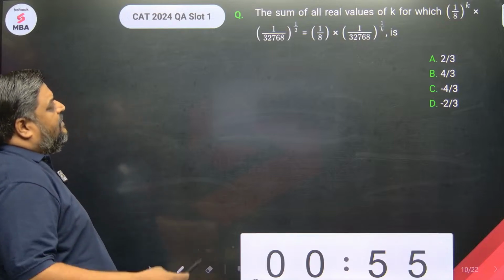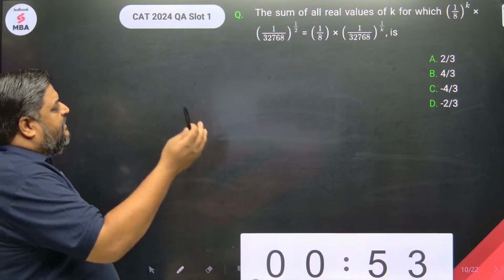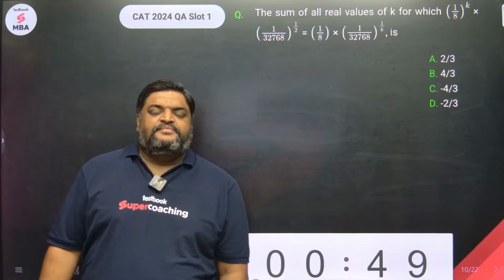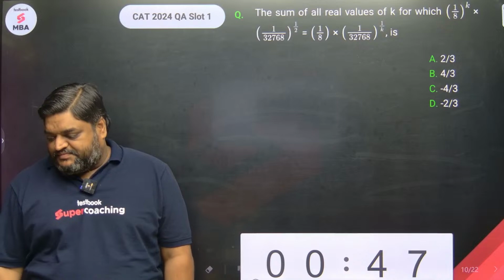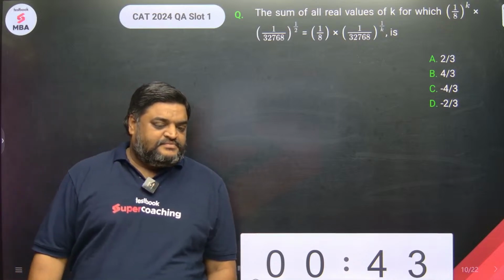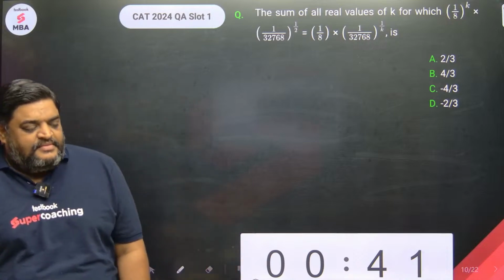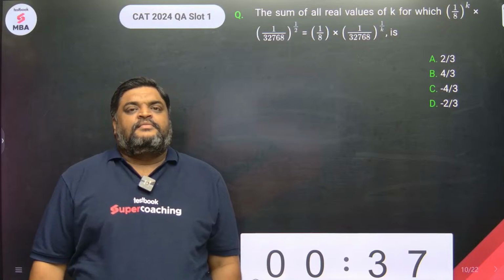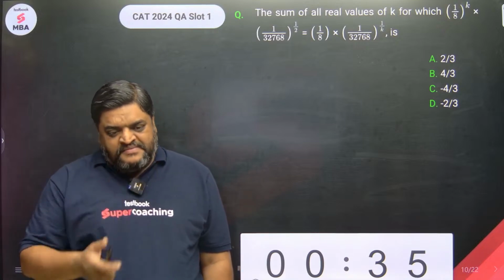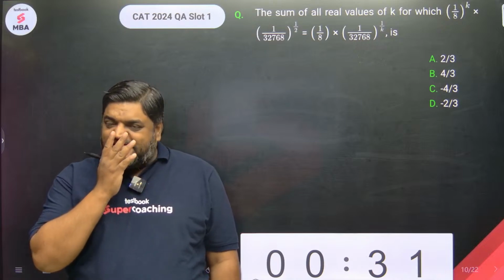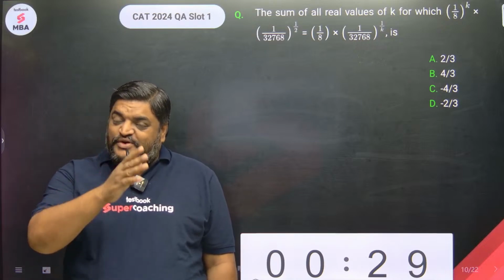The sum of all real values of k for which blah blah blah. Very good. Surds and indices. This question is a mix of surds and indices and one more topic from algebra.